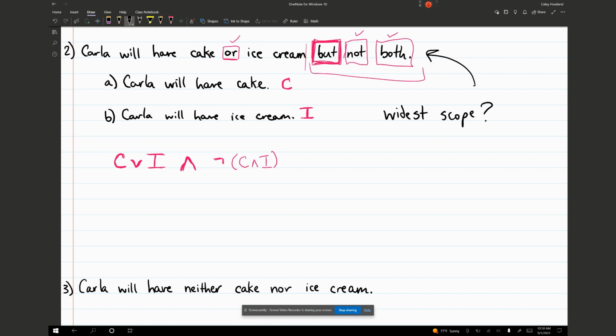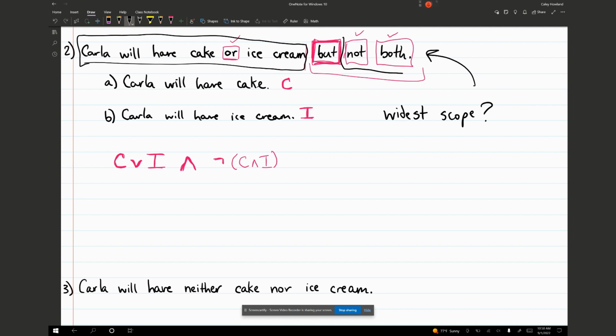The sentence we have is Carla will have cake or ice cream, but not both. Now notice that this in and of itself seems to be sort of isolated, right? Carla will have cake or ice cream. That's its own component. And then, but Carla won't have both, which is essentially what this right-hand side says.